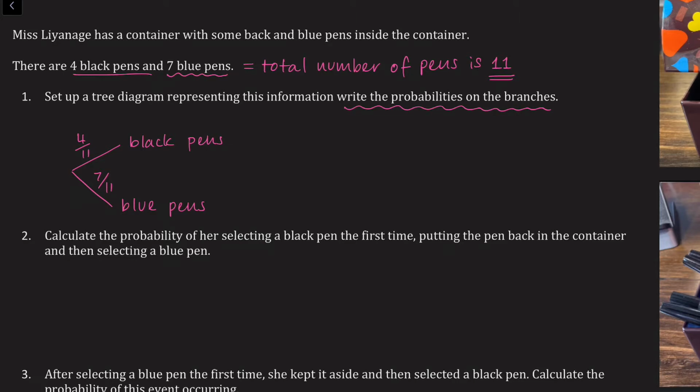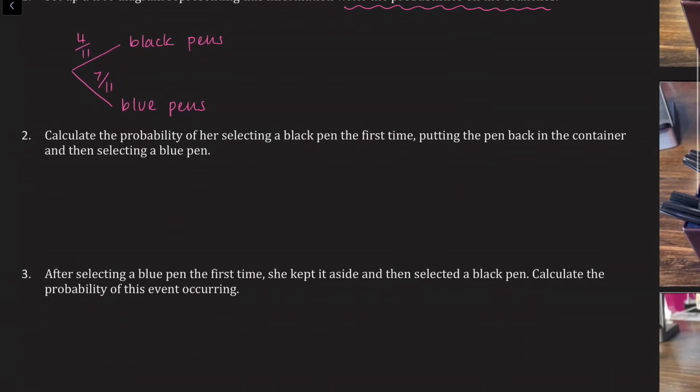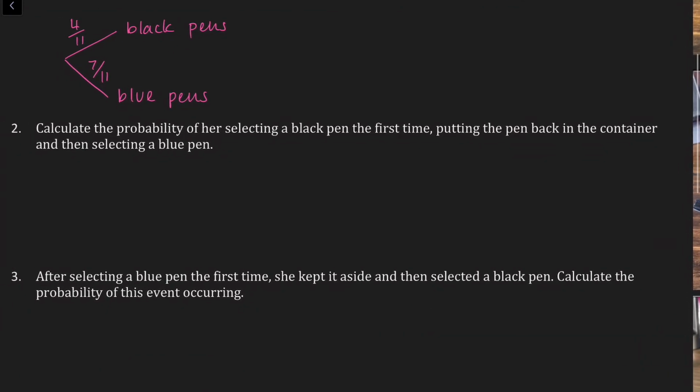Now that's it. So then the second question says to calculate the probability of her, being me, selecting a black pen the first time, putting the pen back in the container and then selecting a blue pen. Now the reason I've underlined putting the pen back is because when we look at these kind of events, these 2-step events, we need to figure out has replacement happened or not.